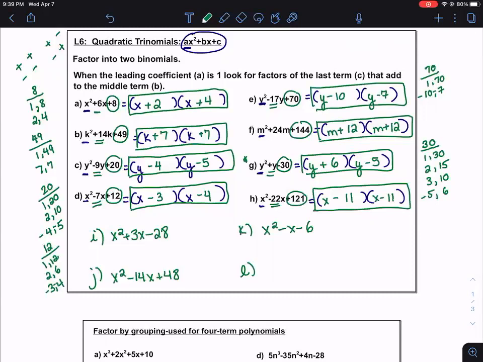And let's do x squared plus 15x plus... I think that one factors. Okay, so you guys can try those 4.